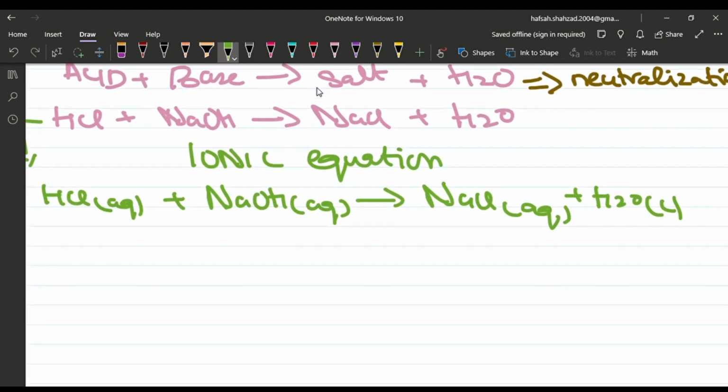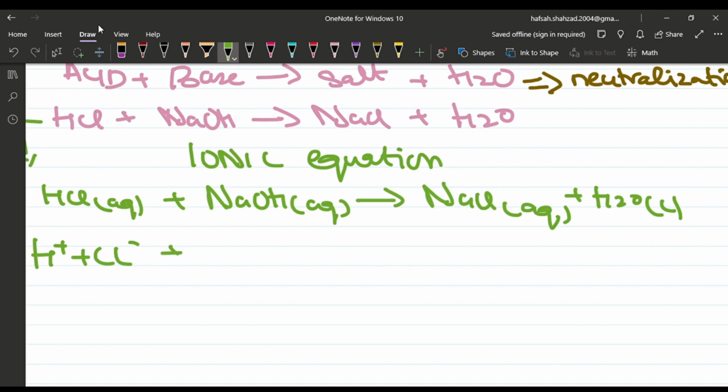So now HCl is a very strong acid. It ionizes to give H positive ions and Cl negative ions.